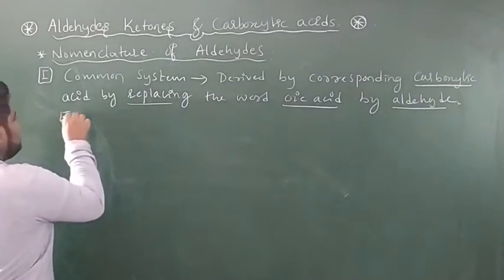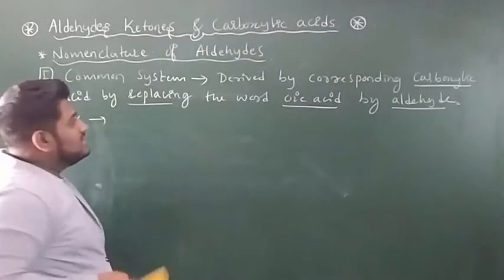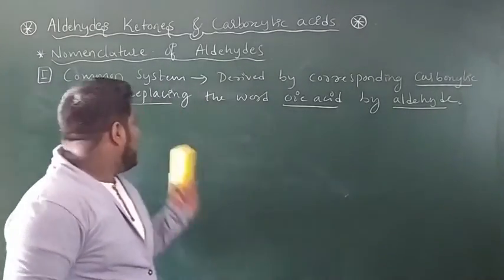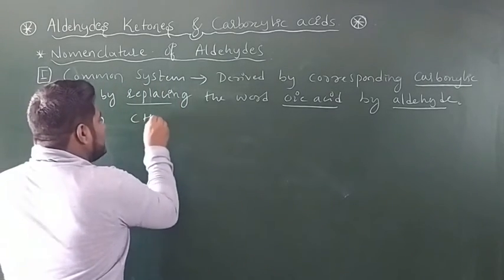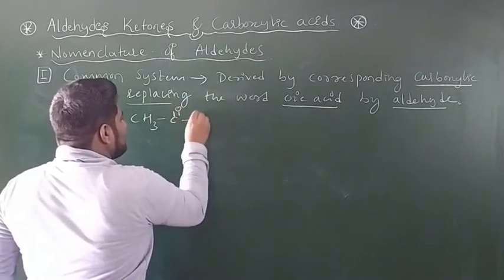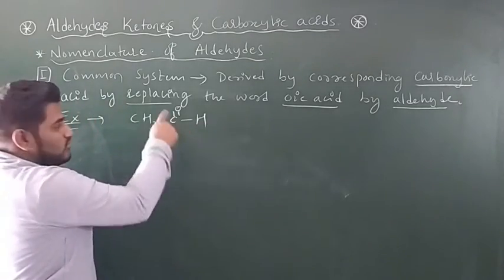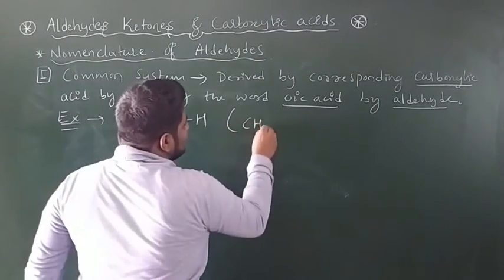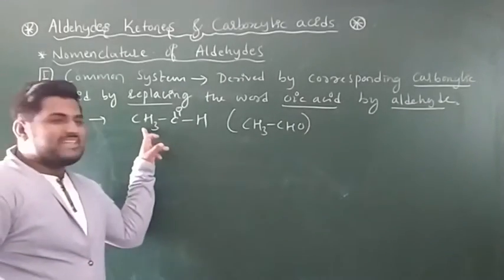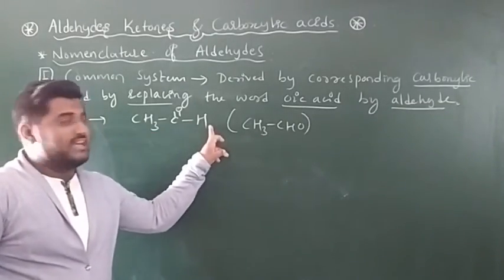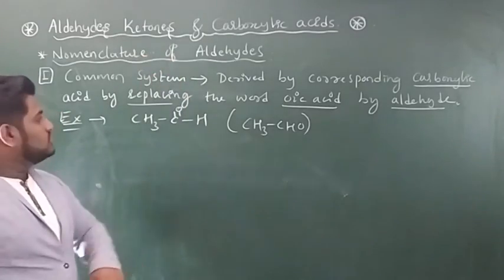So I will give an example. Carefully see here. Later we will study some more examples regarding that. For now I will give only two examples. Carefully see here. CH3CHO. Both are same. Okay, so one side methyl group is there, one side H is there, therefore it is an aldehyde. So how to name this one?